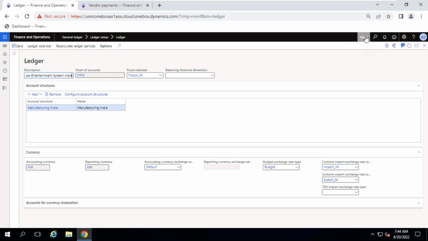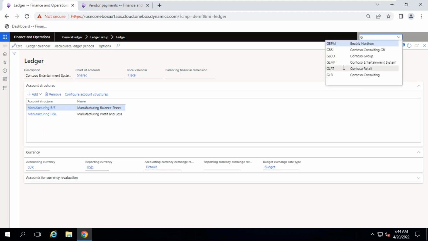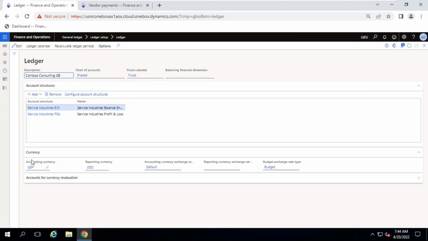Suppose it is a Germany company, DEMF, the accounting currency is euro and they have a reporting currency. Some reports can be generated in US dollars. If it is a UK company, GBSI, then GBP is their accounting currency and they have reporting currency US dollars. Like this, whatever currency you want, you can map it, your wish.